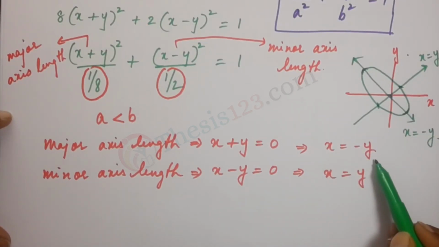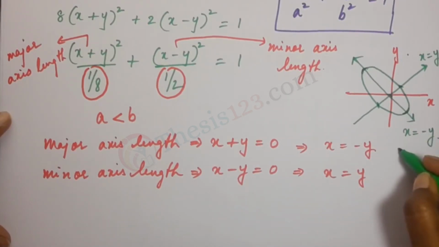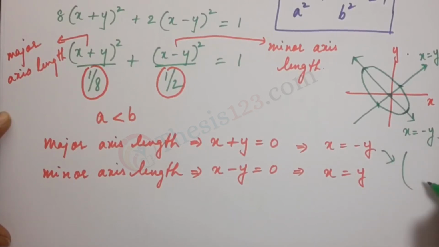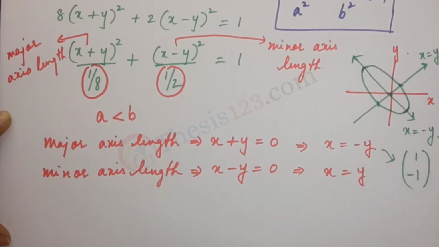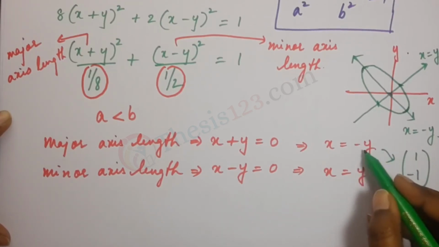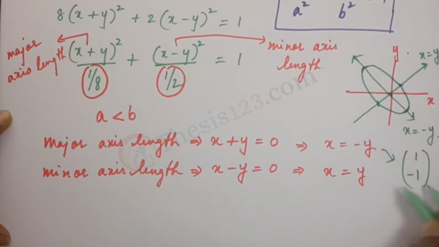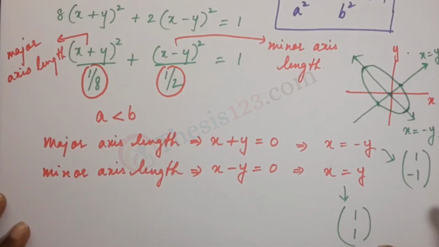So the major axis tells us that the direction is (1, minus 1), because y is minus 1. It's a negative. But for the minor axis, it is (1, 1). It is positive. So this gives us the answer.